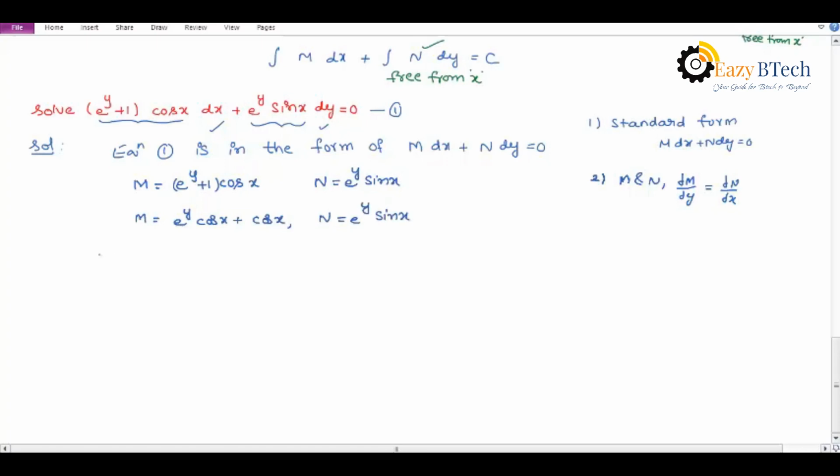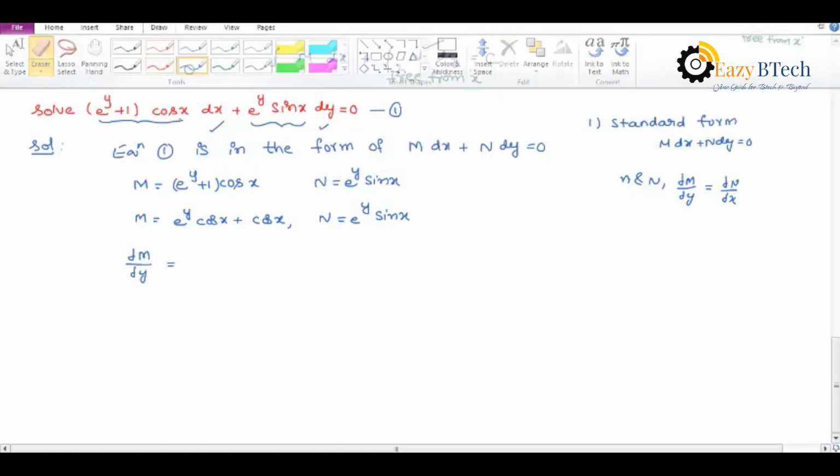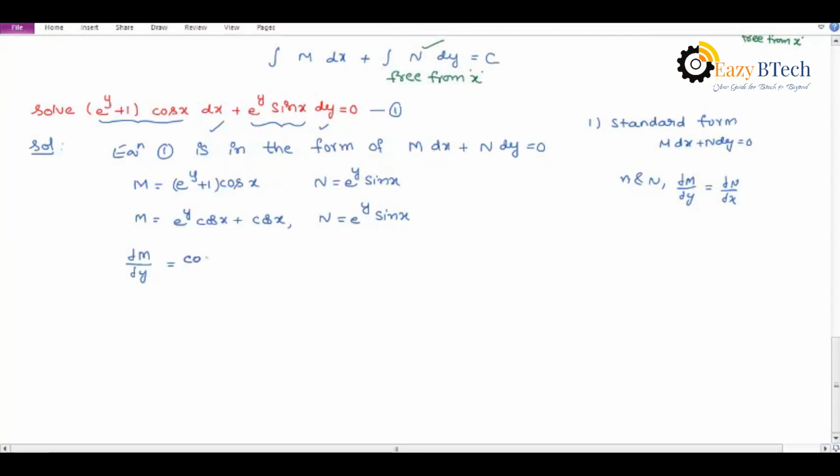The first condition is ∂M/∂y. We know how to do the partial differentiation here. For ∂M/∂y, e^y is common, then cos x becomes common because we are partially differentiating with respect to y. Cos x common, then ∂/∂y of e^y, and here there is no y, that means cos x is a constant and the differentiation of 1 is 0.